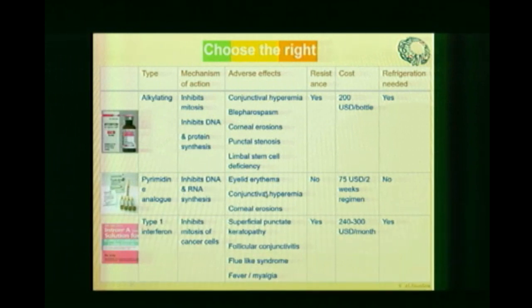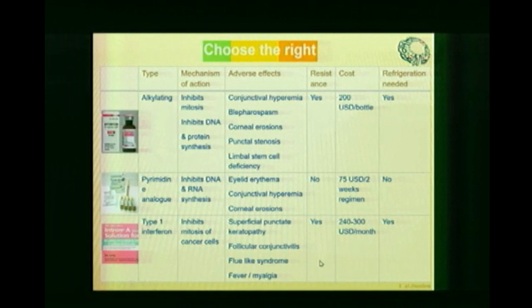It has no resistance, and tolerability is reasonable. Corneal erosions can happen. The third medication is interferon alpha-2b. The interferon inhibits mitosis, and it is the most gentle medication on the ocular surface, but it has some systemic side effects, like flu-like syndrome and fibromyalgia when given intralesionally, by the way, okay?